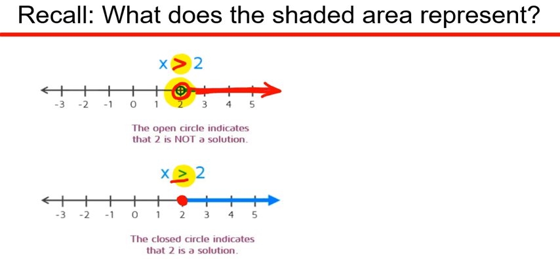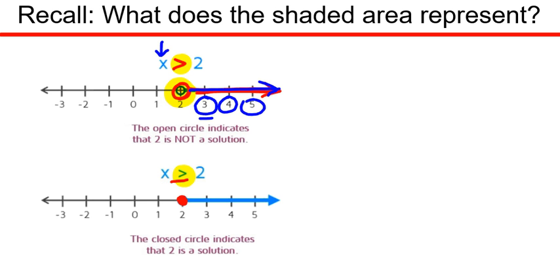Okay? But I don't know if we really touched on what the shading means a whole lot. So I want to do that right now before we start today's lesson, because it's kind of relevant to what we're going to be learning next. So x is greater than 2. The reason I'm shading all of these numbers is because I can take any one of these numbers and plug it in for x and it will be a true statement.